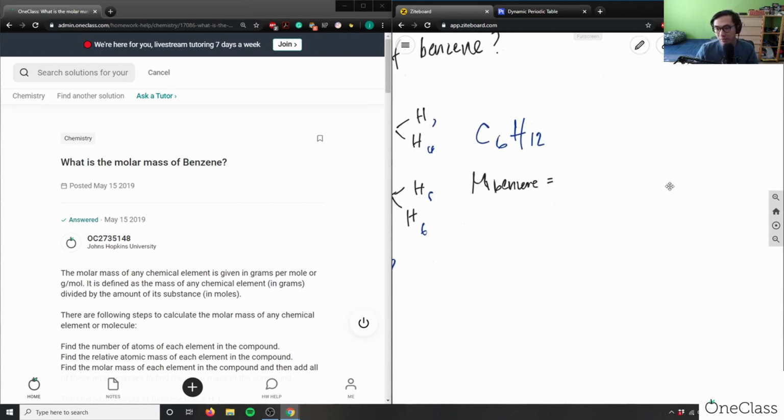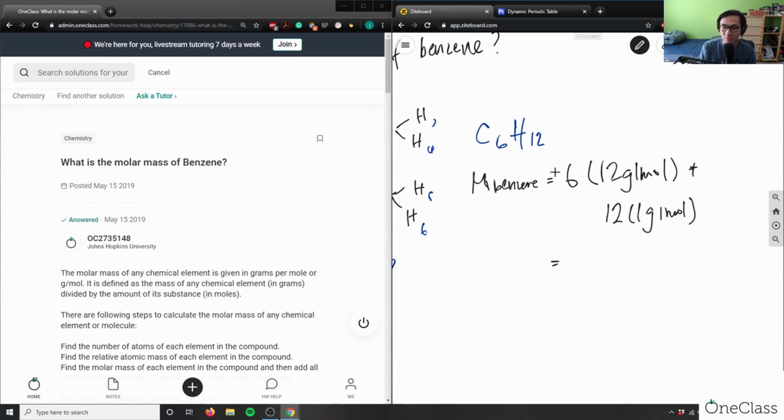Let me just do the math for you actually. So 6 carbons, 6 times the molar mass of carbon, which is 12 grams per mole, plus 12 hydrogens times the molar mass of hydrogen, which is 1 gram per mole.